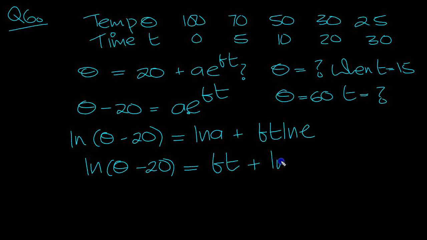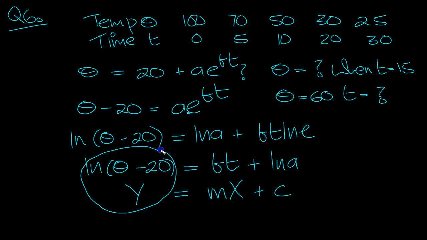plus log a. So compare that with y equals mx plus c, and we can see the correspondence. The y is ln(theta minus 20), the x is the t value, and in this case m, the gradient, has the value b, the intercept has the value log a.